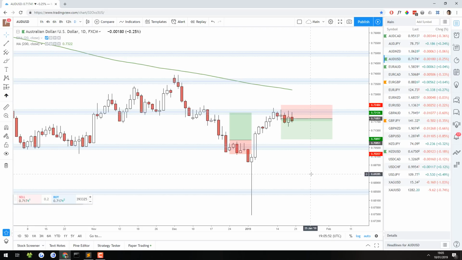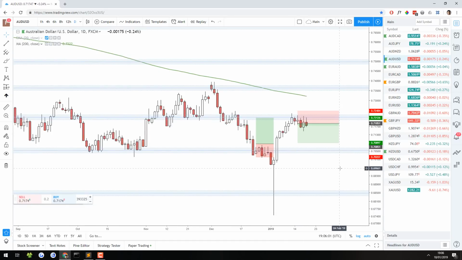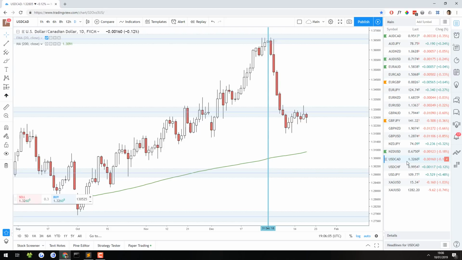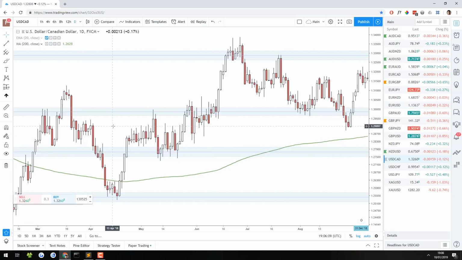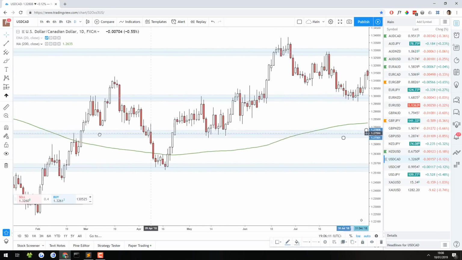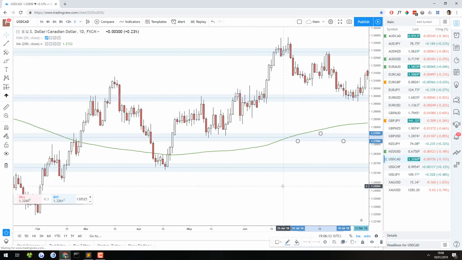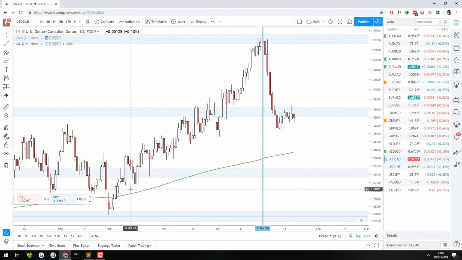I found it hard finding good examples in the last month or two, so I had to go back a bit further. So we're going to take a look at a few examples, and actually let's start with USD CAD. I had a good example of a really messy setup here that I wanted to show you guys.